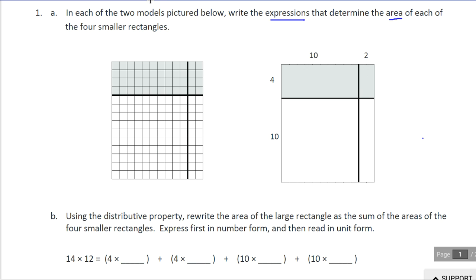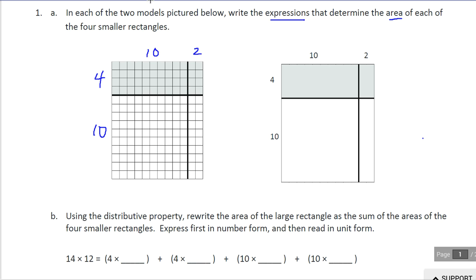I only see four here. If I were to count these, there would be 10 there: 1, 2, 3, 4, 5, 6, 7, 8, 9, 10. There's 10 here, and then there's 2 here.